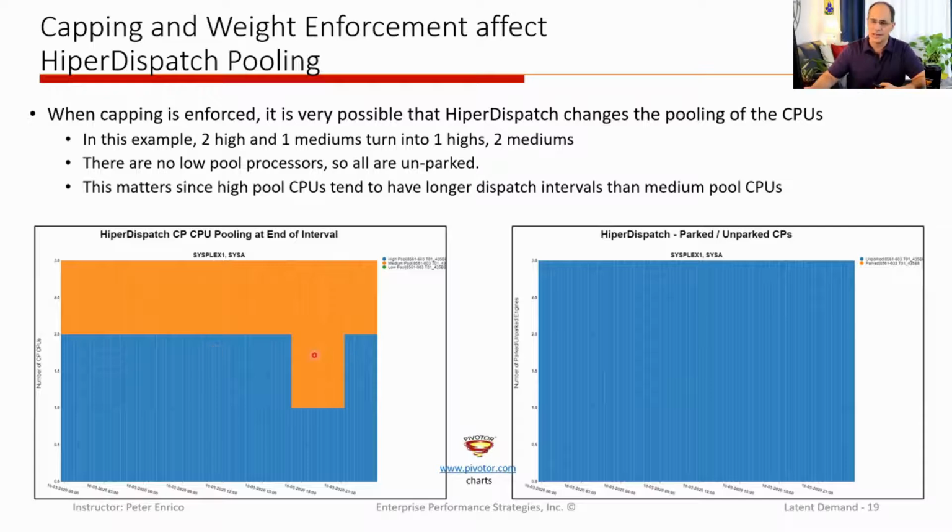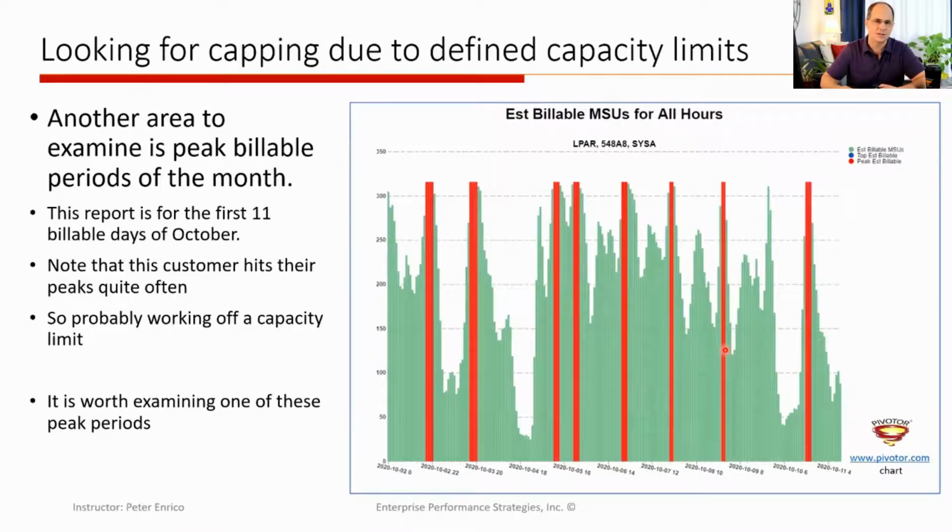The result is that it's going to have a different sort of hyper dispatch pooling, where now I have one less high pool and one more medium pool. But you can see here on the right-hand side from a parking and unparking point of view, all the processors are unparked, so that's not changing very much. All that's really changing here is the pooling, which is going to affect the dispatching of the high pool CPUs. So in other words, we're going to have CPUs that are not guaranteed to us. Again, signatures of periods of time of latent demand.